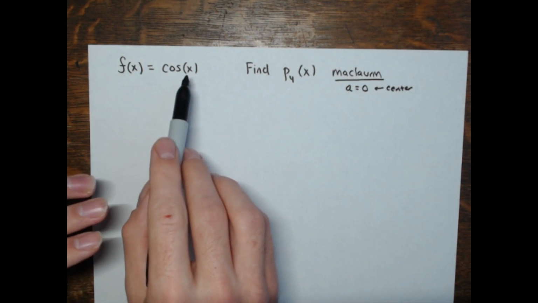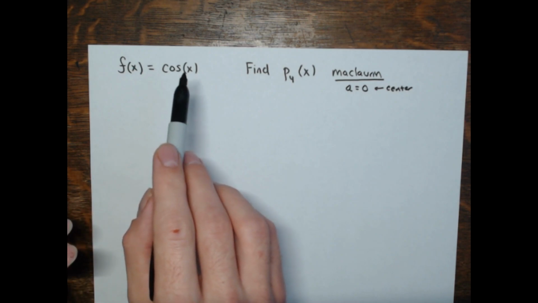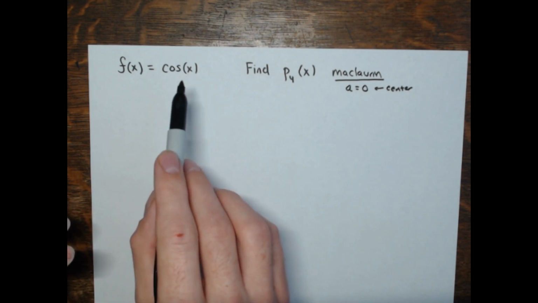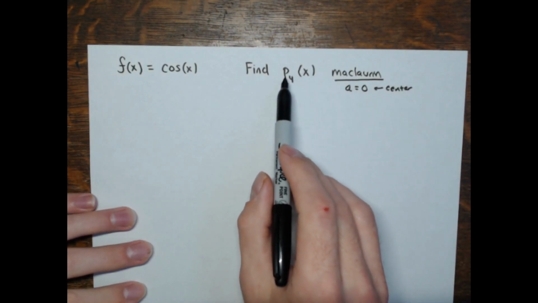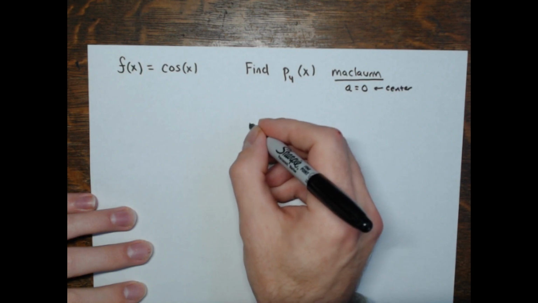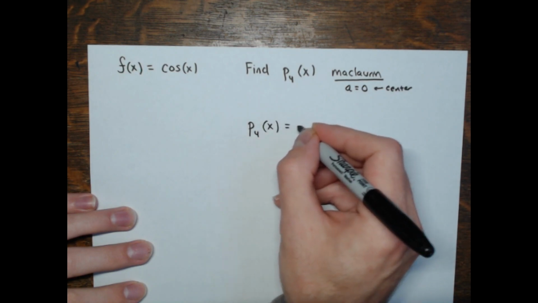Now, can you already do pi over 15? Well, not really. Pi over 15 isn't that nice. That's 12 degrees. I was thinking more of 15 degrees you could do, not pi over 15 radians. But yeah, this fourth Maclaurin polynomial is going to look like that.